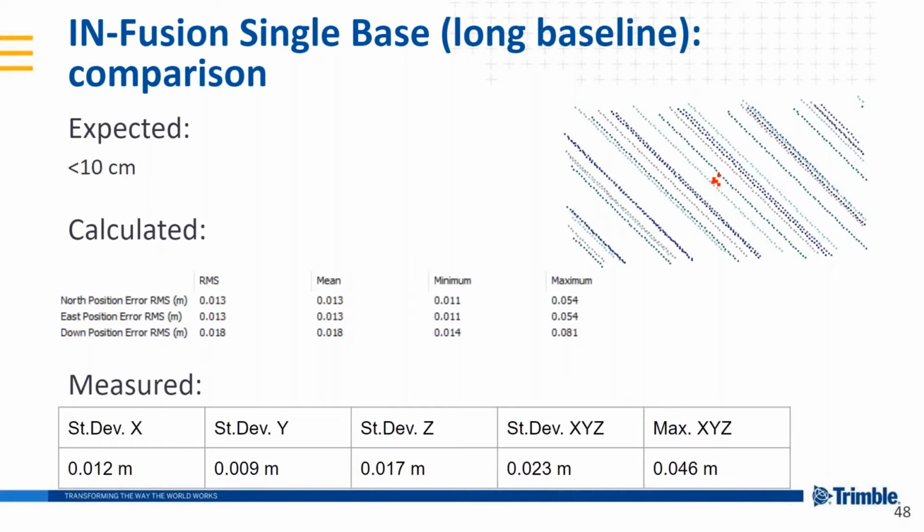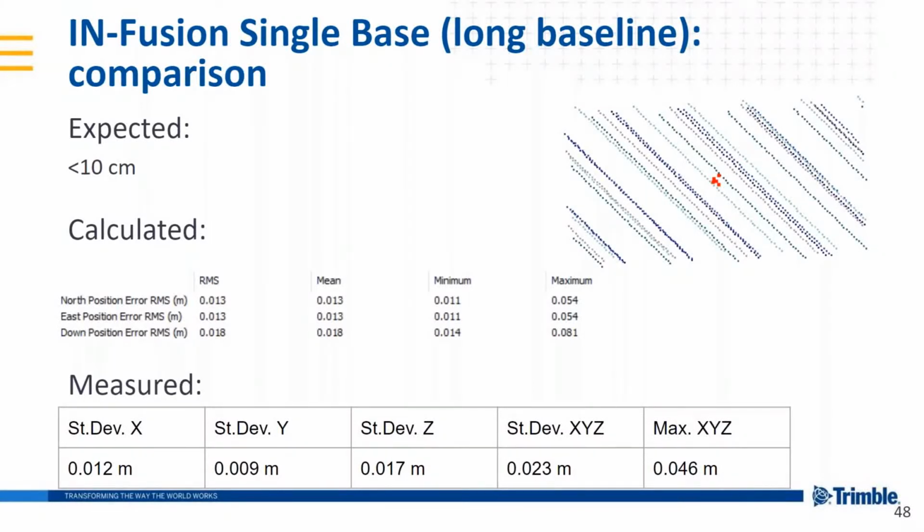The expected accuracy for single base with long baseline is less than 10 centimeters, and the calculated error RMS of north and east position is 1.3 centimeters, and for down position is 1.8 centimeters.